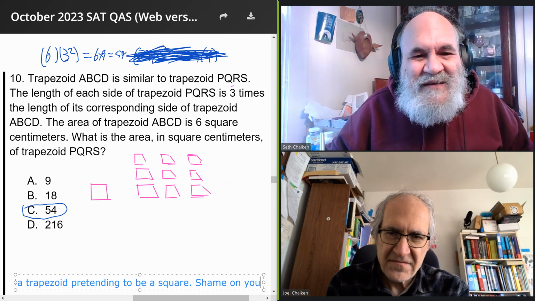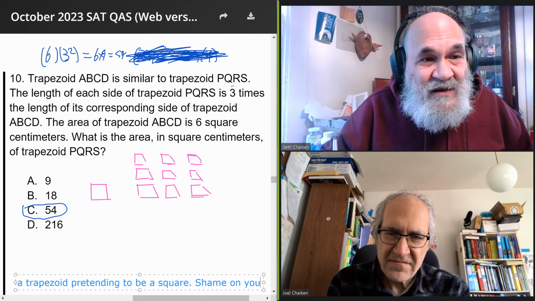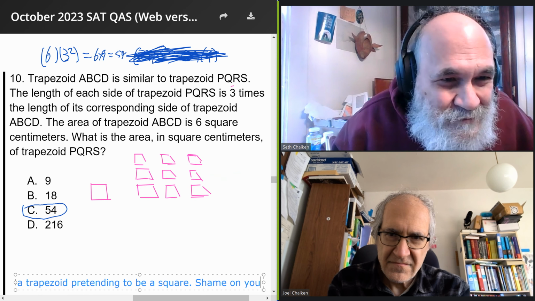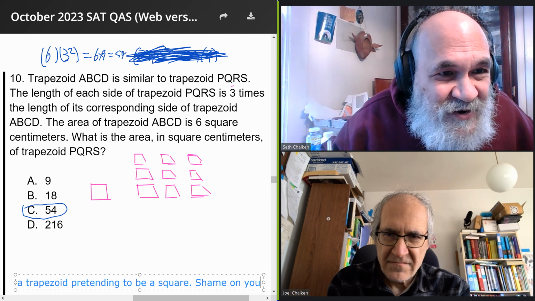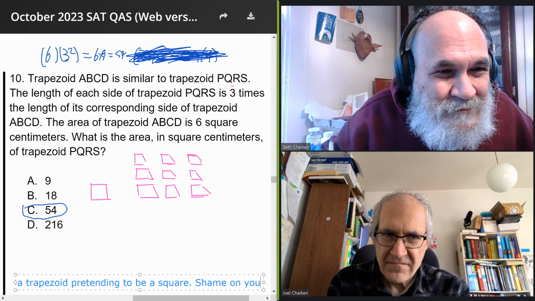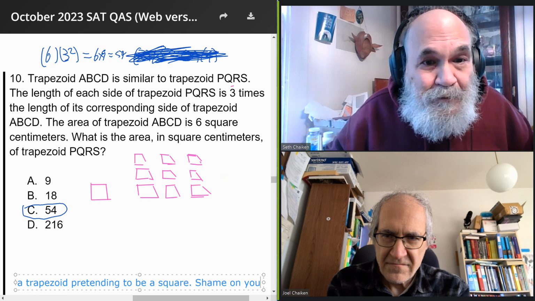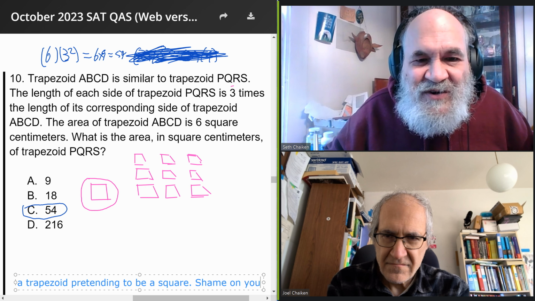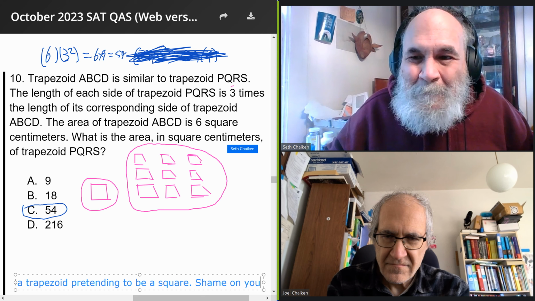And now let's encircle the original figure to think of the area, and then encircle the expanded figure, right?